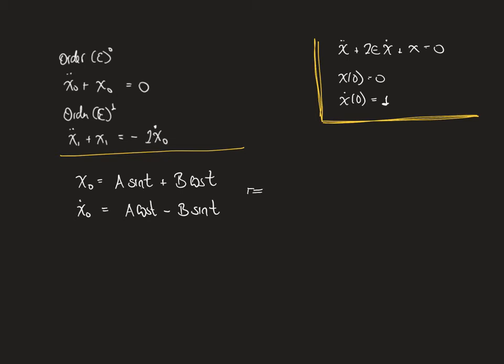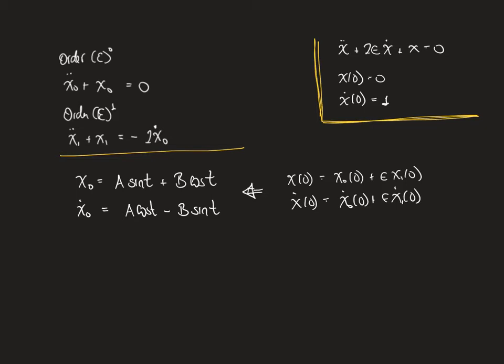These conditions can be also split into 0 and first order. So x of 0 is equal to x0 of 0 plus epsilon x1 of 0, and x dot of 0 is equal to x0 dot of 0 plus epsilon x1 dot of 0.